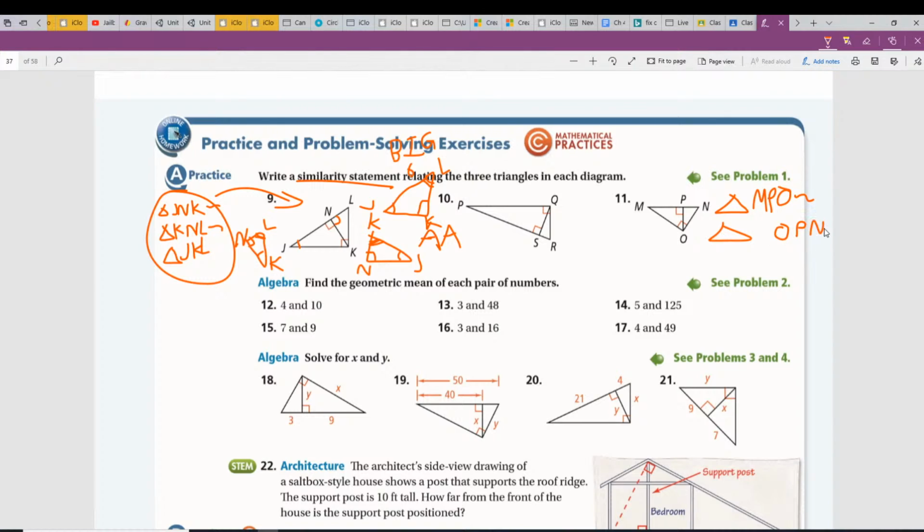It's a pretty far distance right there, but that's similar to triangle MON. That's kind of the smaller side. O is kind of the smaller side. Yeah. So those three triangles are similar. Okay, moving on to geometric mean.